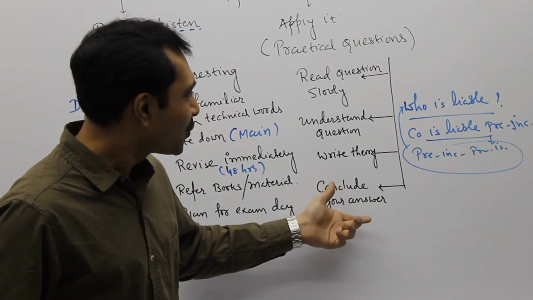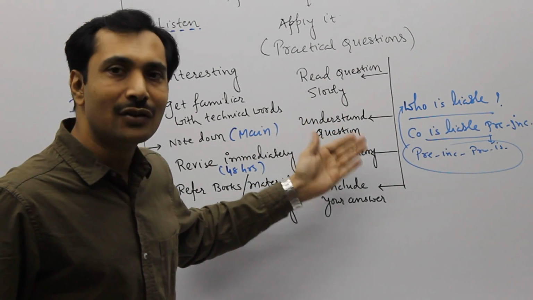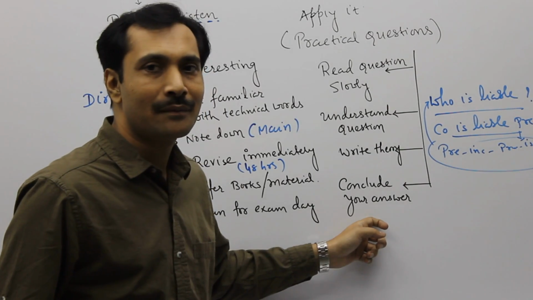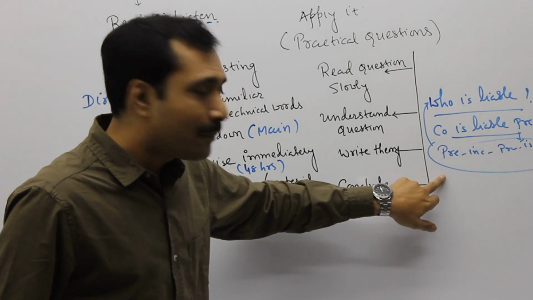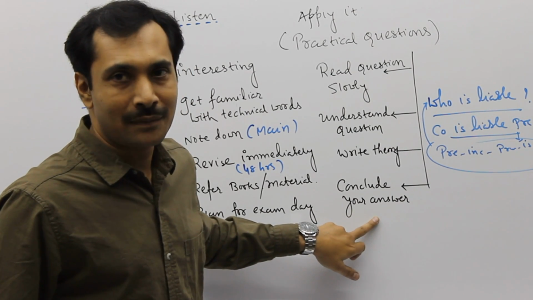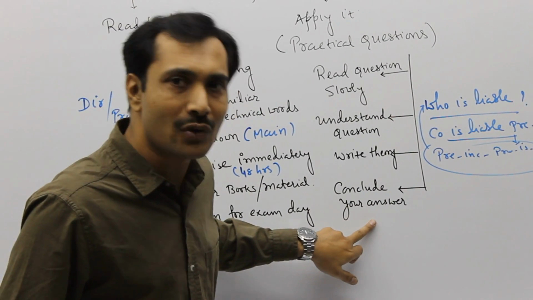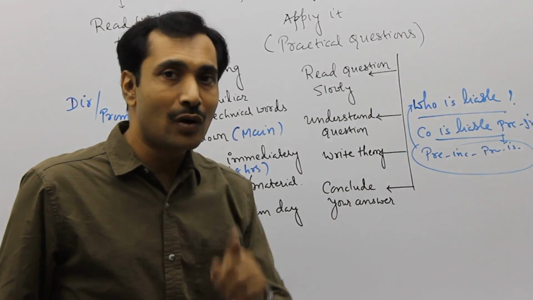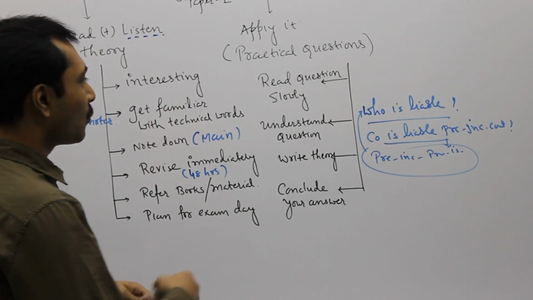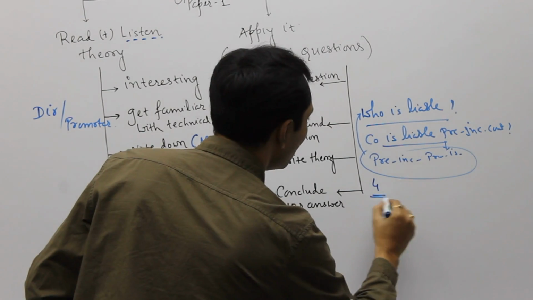And many students are just writing the theory, but they are not concluding the answer. Depending upon the question asked, you are required to conclude your answer. If you cannot conclude your answer, then you are not likely to get the complete marks. Say, for example, the question was for 4 marks.